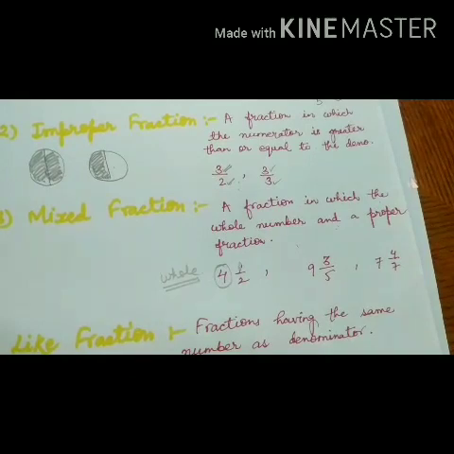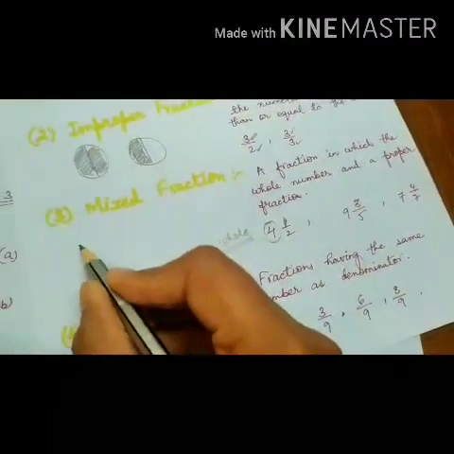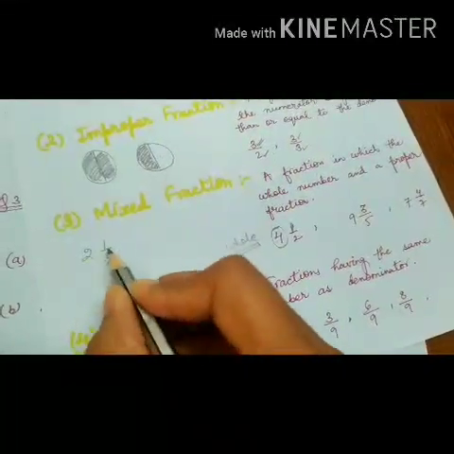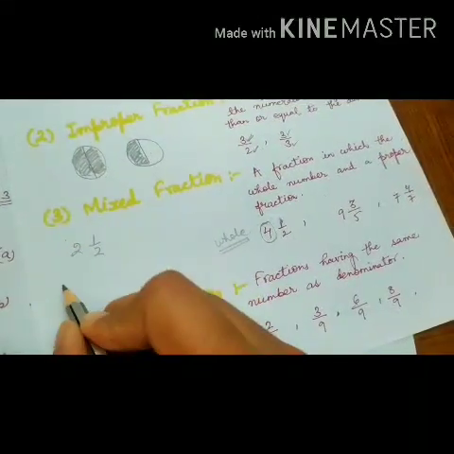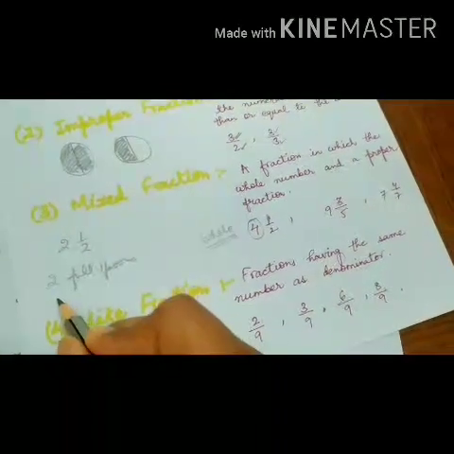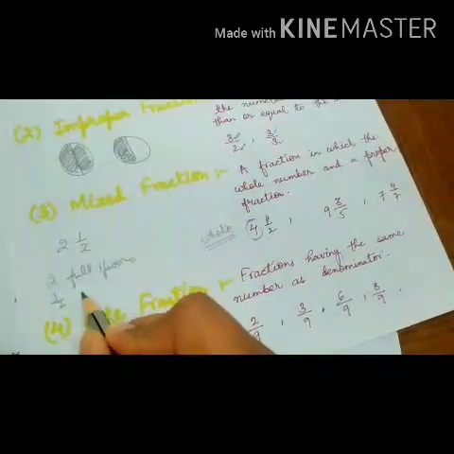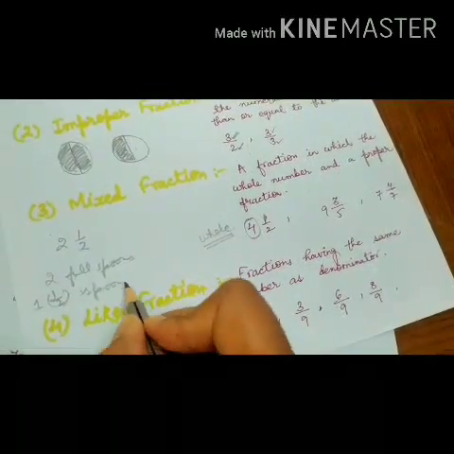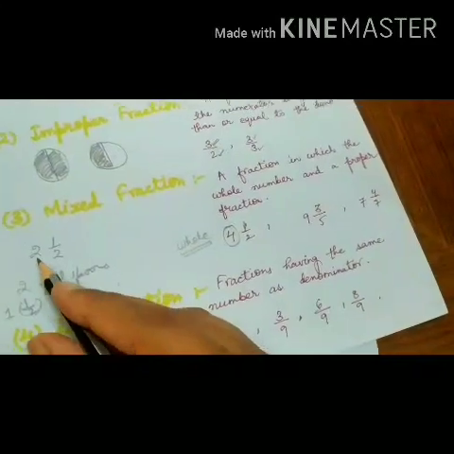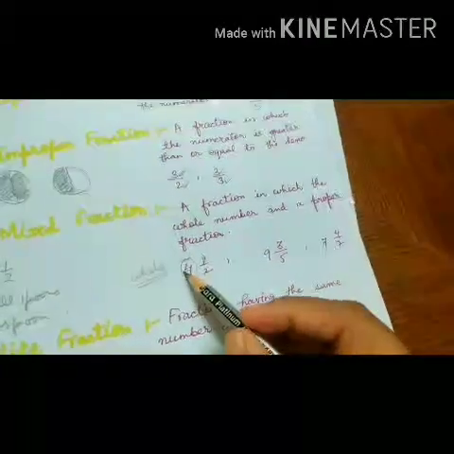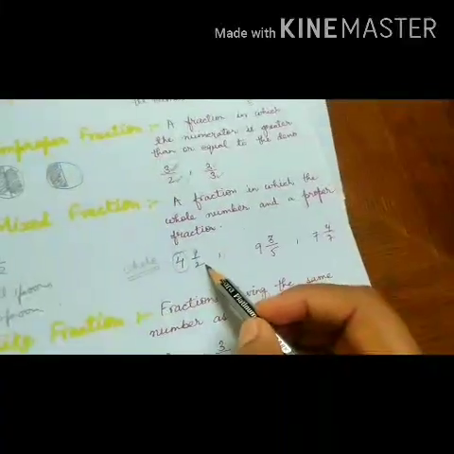Correct? Like you have been told to bring 2.5 spoon of sugar. It means you will bring 2 full spoons of sugar and 1/2 spoon, and it will become 2.5. Here like that 4.5. It means 4 pizzas I have brought and half also.